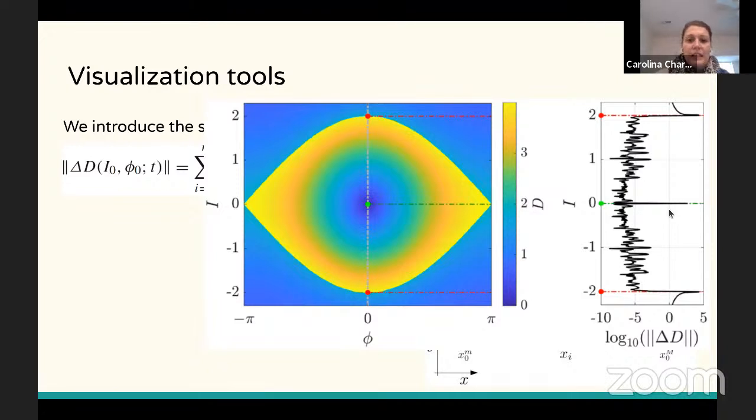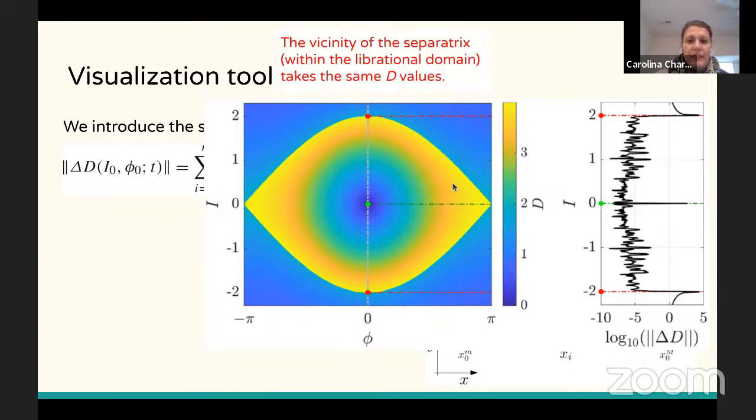As you can see here, in the vicinity of the separatrix within the libration domain, the D metric takes similar values inside as at the separatrix, but if we look at the landscape here, we see that the values should not be similar. So we have very different values corresponding to a separatrix.